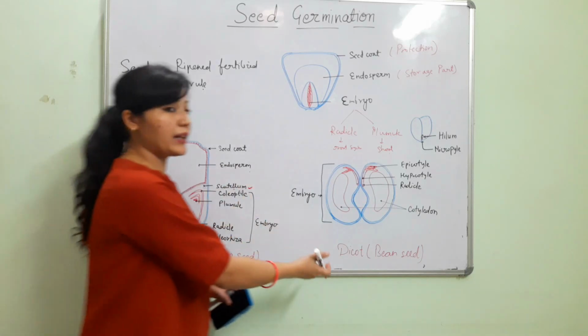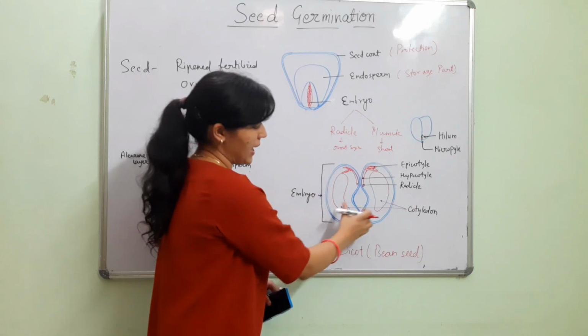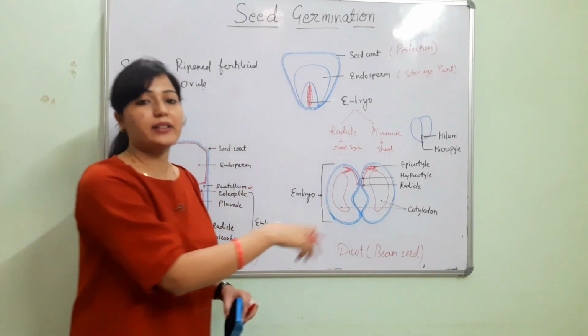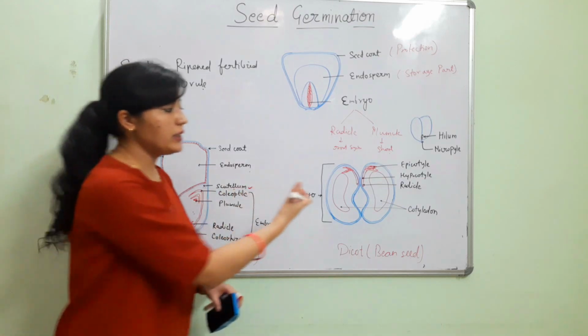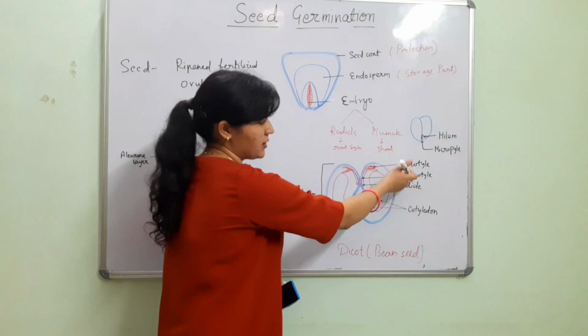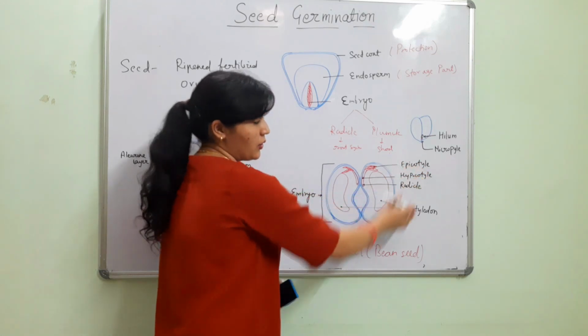Now come to the dicot seeds. In dicot seeds, this is the embryo, and there are two cotyledons. Cotyledons also help to supply nutrition to the seed. And the radicle. There are two structures, the epicotyl and the hypocotyl.